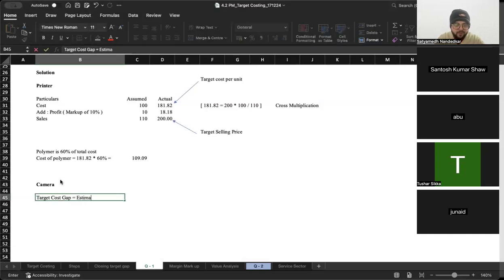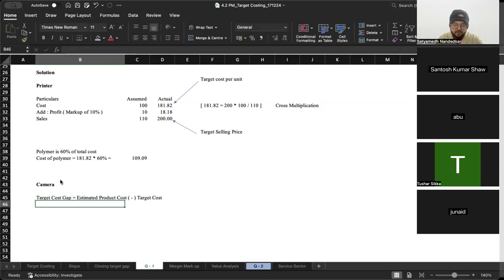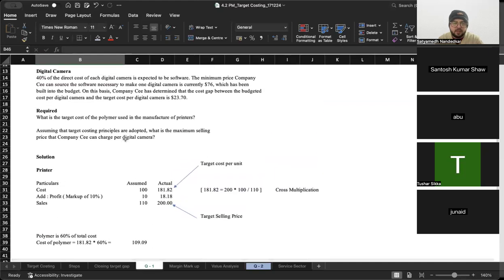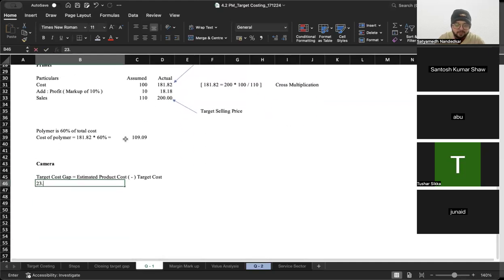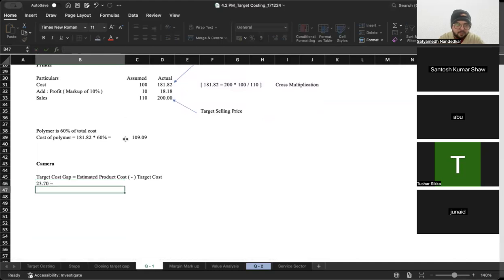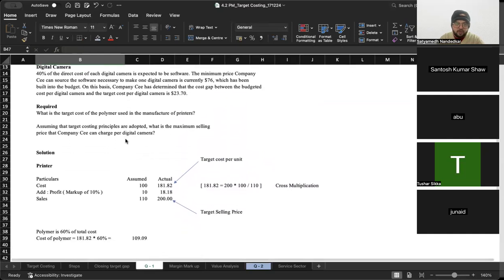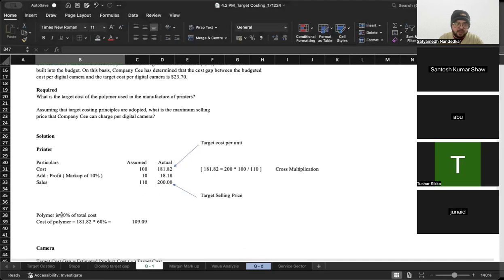It is estimated product cost minus target cost. Now they are saying that the target cost gap is 23.7. What is the estimated product cost? Do we know at this point? No, we don't know. We'll have to work around these things.